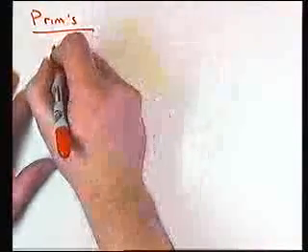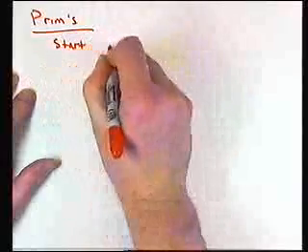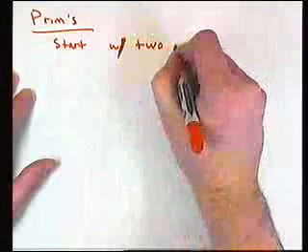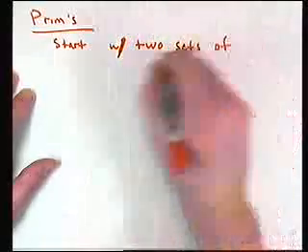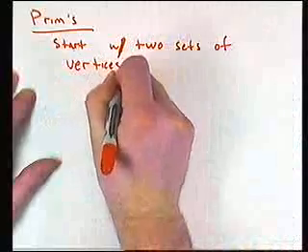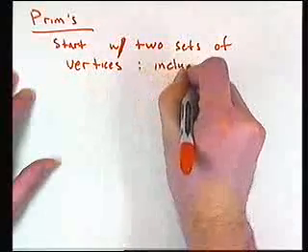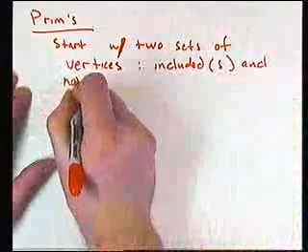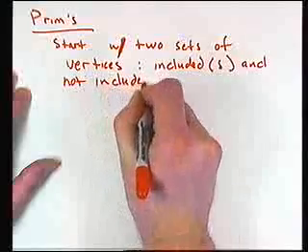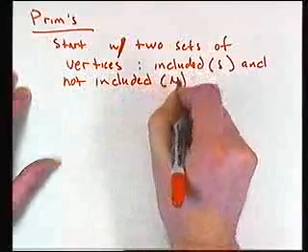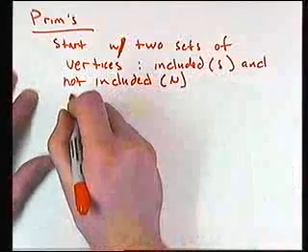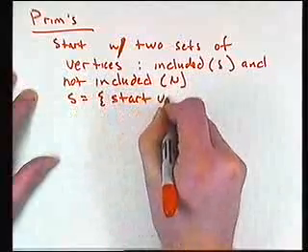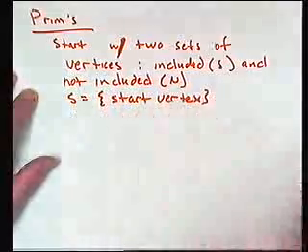And the idea behind Prim's is you start out with 2 sets of vertices, included, which we'll just call S, and not included, which we'll call N. And we start out with S equal to some start vertex. You pick your start vertex.